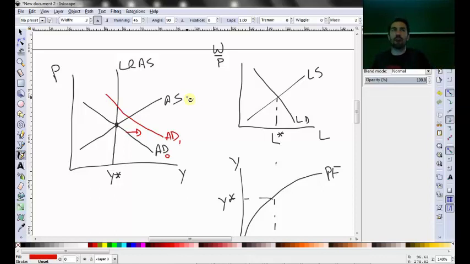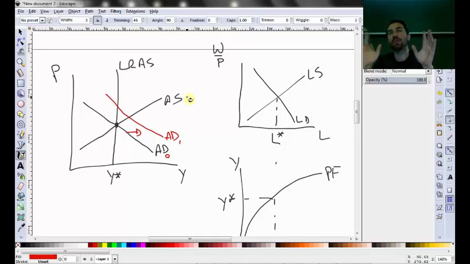What does that mean for our wages? If prices are increasing, what happens to the real value of our nominal wages? It decreases, and we are not stupid, right? So why would we now want to work for less? If we see that the price level is going up, what do we do? We go to the boss and we say, sweet, pay us more, or I'm not working.